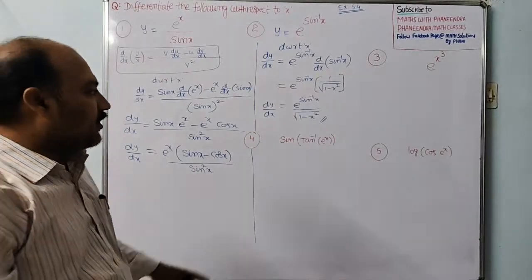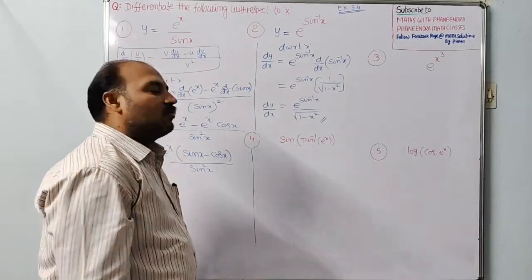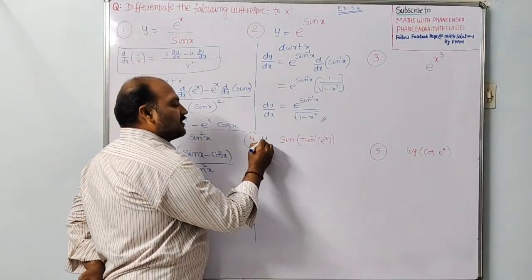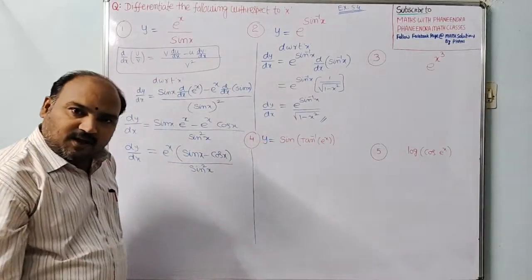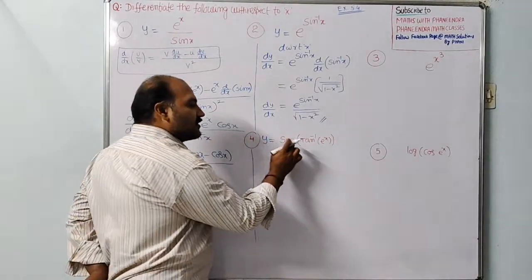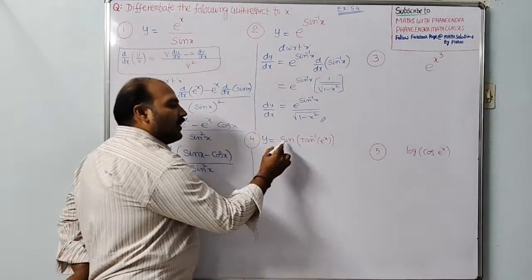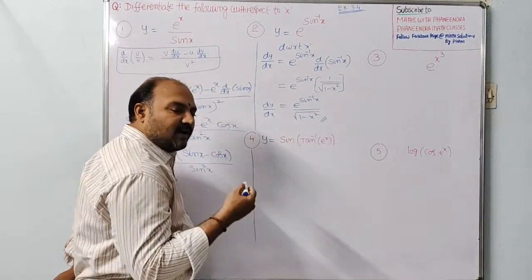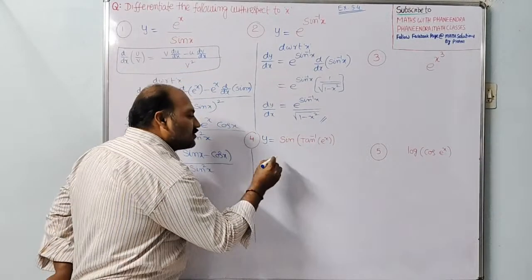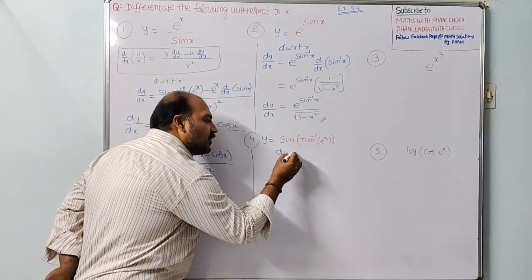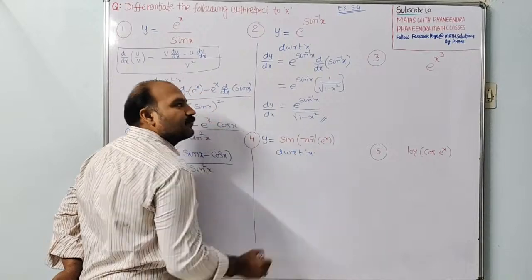Okay, dear students, we will move to question number 4. Let us consider the given function as y, which is sin of x, and we are assuming the inside as a whole. What is the derivative of sin x? Cos x. So differentiate with respect to x.